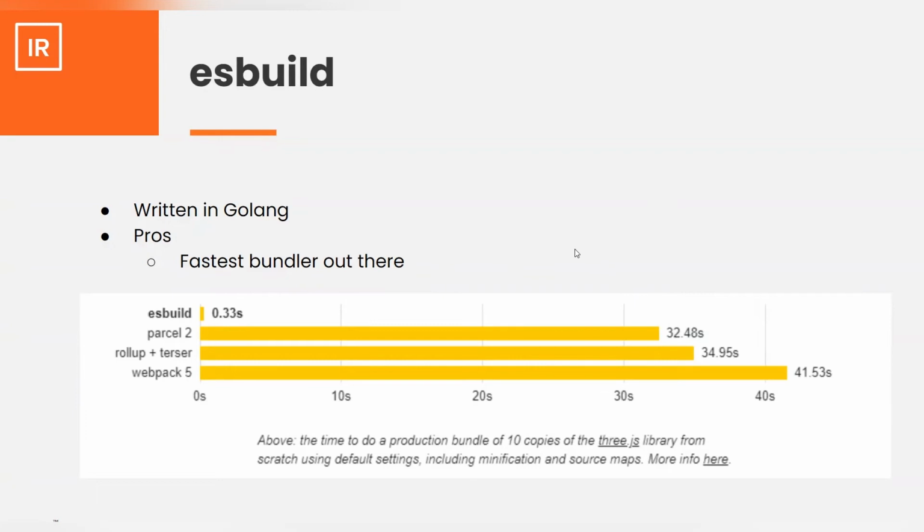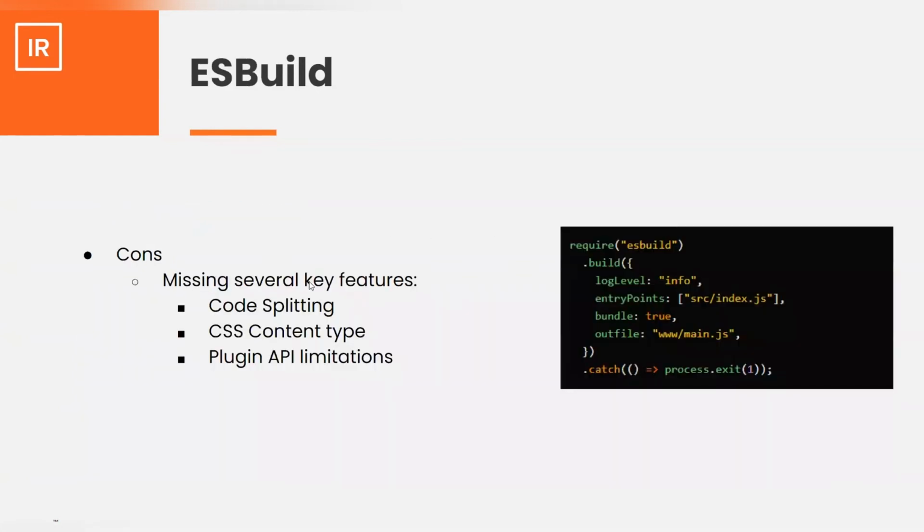So the pro is that it is much faster than the other bundlers. And the con is that it is missing several key features like code splitting and CSS content type. And there are limitations to the plugins right now, because the page says that the API doesn't intend to cover all the use cases.